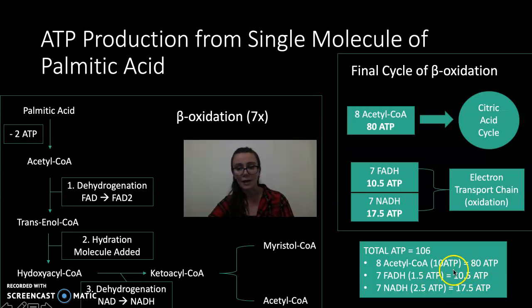If you add them up, 80 ATP from 8 acetyl-CoAs, 10.5 ATP from the FADH and 17.5 ATP from the NADH, the total yield is 106 ATP from a single molecule of palmitic acid. That's our ATP production from one single molecule of palmitic acid.